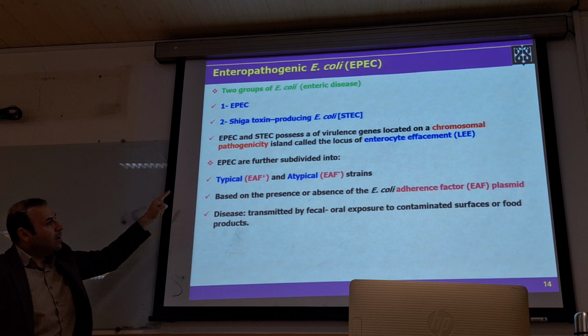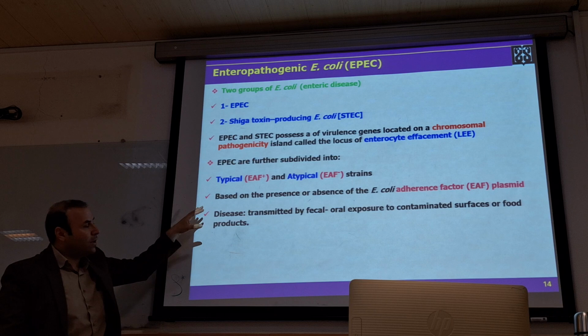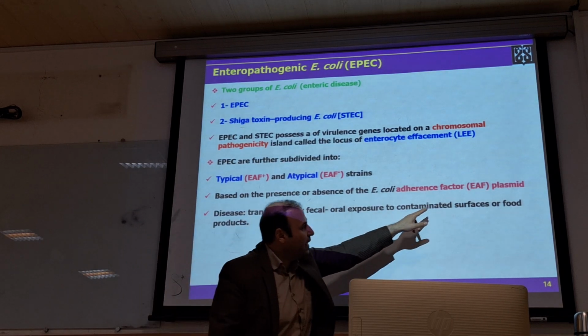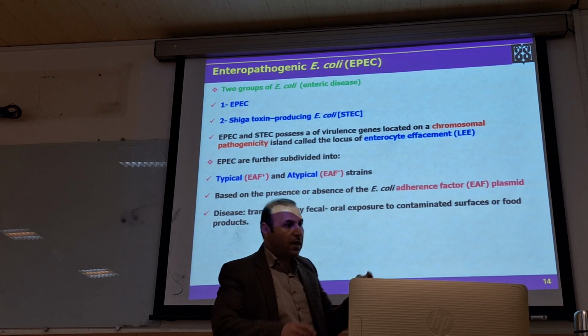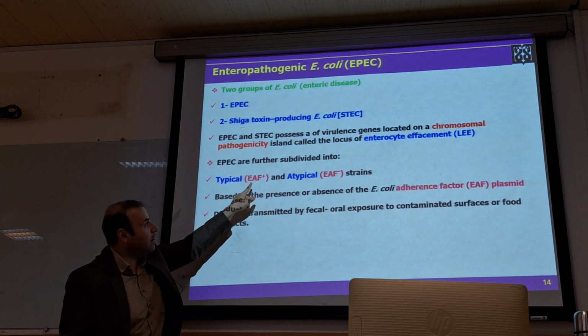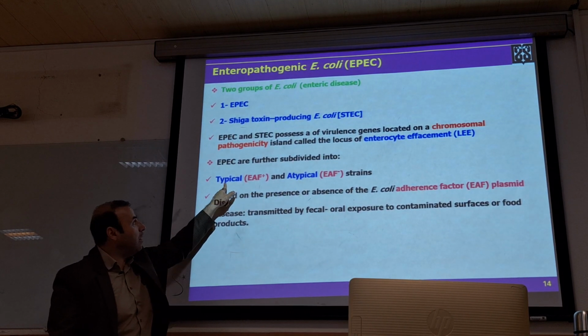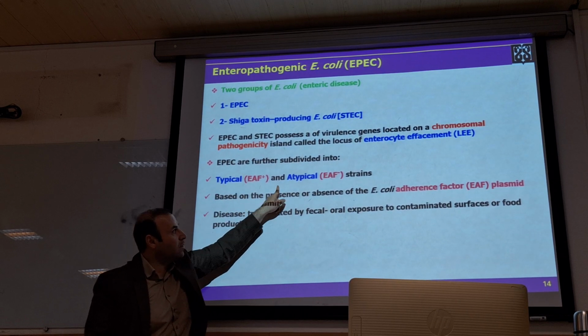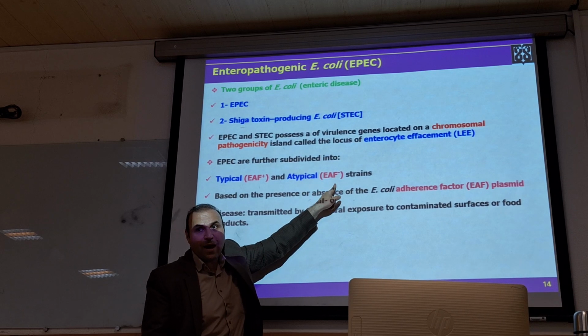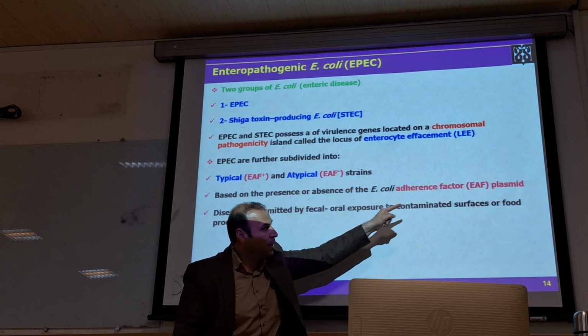Based on the presence or absence of the EAF plasmid, the adherence factor plasmid, EPEC is divided into two groups, typical and atypical. Typical EPEC have this plasmid, but atypical do not.